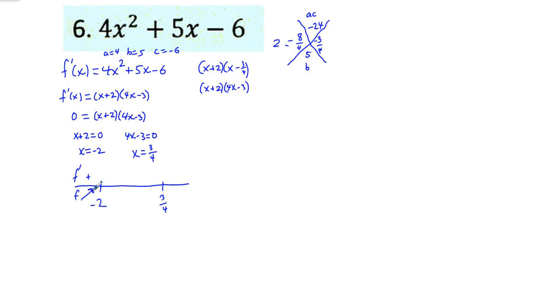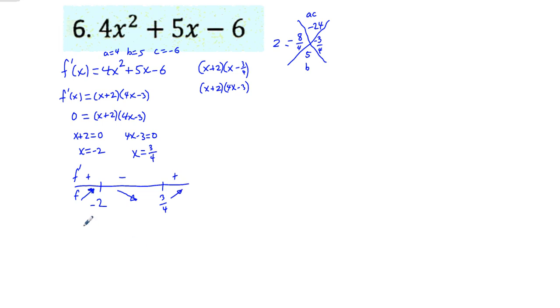We could anti-derive and get a possible version of f of x. And next we have, if we pick 0, we would have positive times a negative. And then to the right of 3/4, we have a positive times a positive.